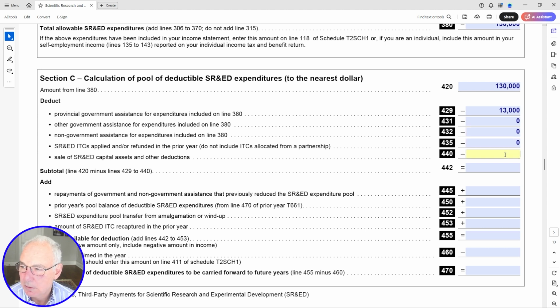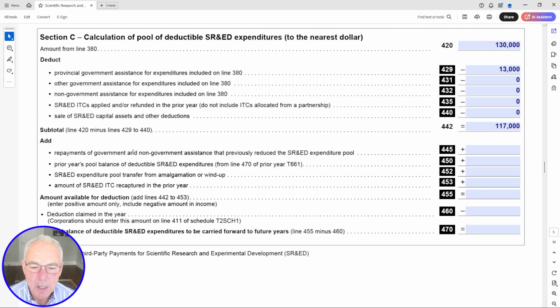So our subtotal here is going to be $130,000 minus $13,000, so we're going to end up at $117,000. Fantastic. The next thing is we add repayments of government and non-government assistance, so we're going to put that as zero. Now, this is an important one where, once again, if you have a prior year SRED claim, please reach out to us and we'll help you navigate this.